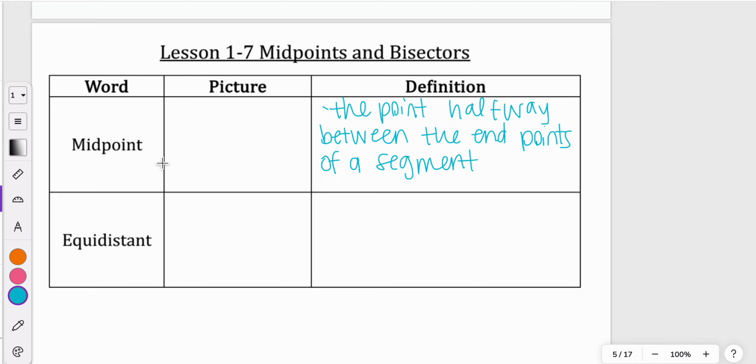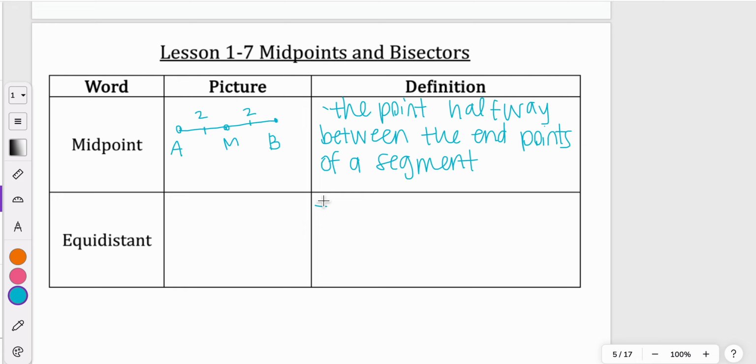So a midpoint can look like this. Maybe we have line segment AB, and then M would be the midpoint of that, because we can prove that by saying that maybe A to M is 2 and M to B is also 2. Okay? Equidistant is just a way that you can state what's happening with the midpoint.